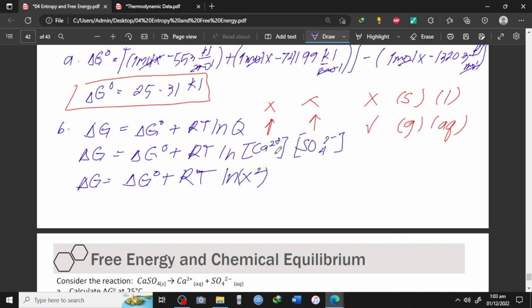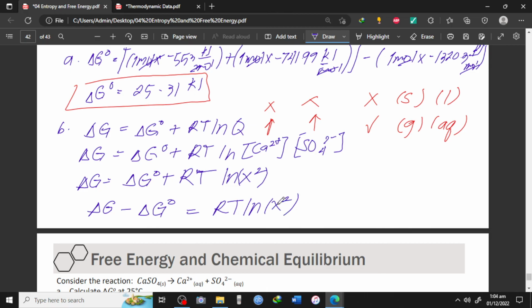Okay? So, transpose natin yung G na to sa kabila. Magiging delta G or the non-standard free energy subtracted by the standard free energy. So, non-standard free energy minus standard free energy is equal to RT ln of x squared.